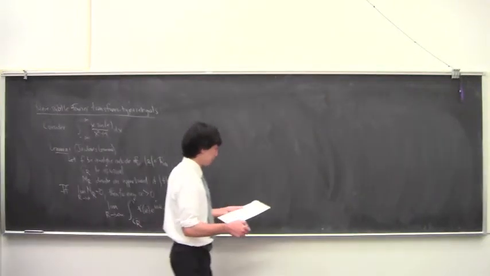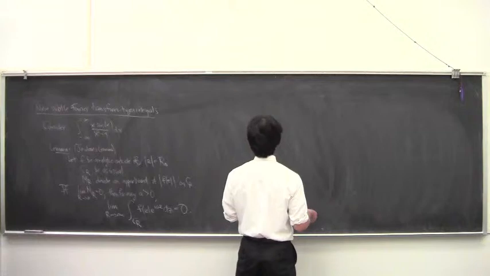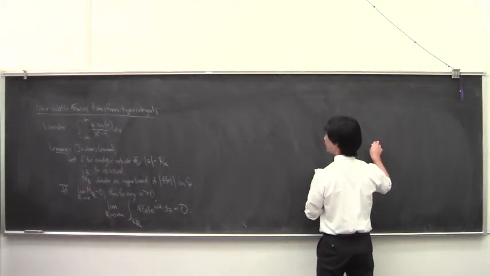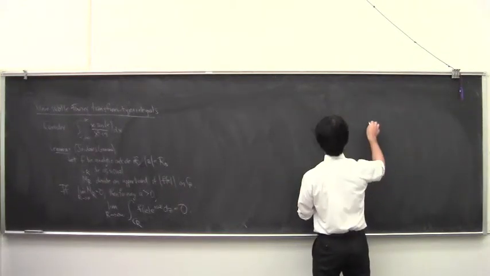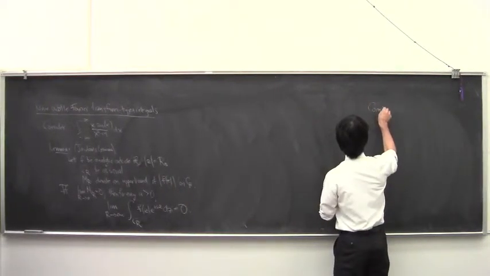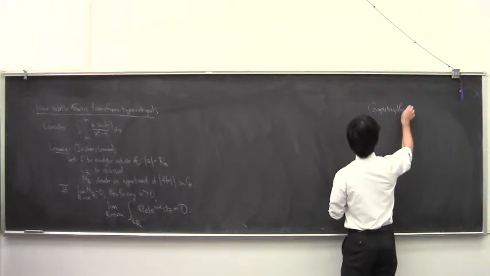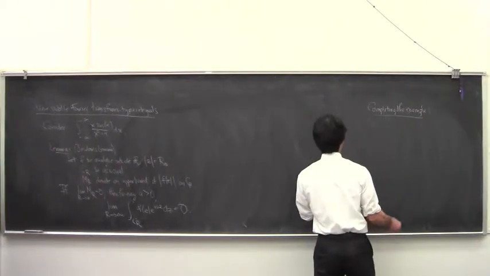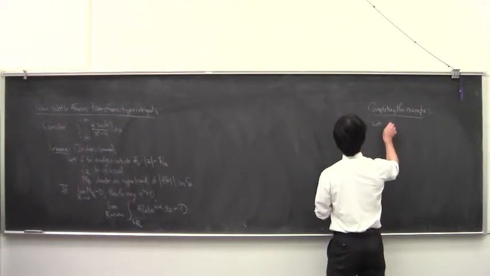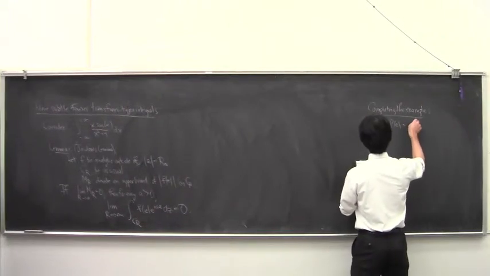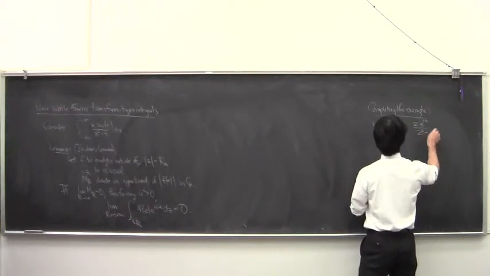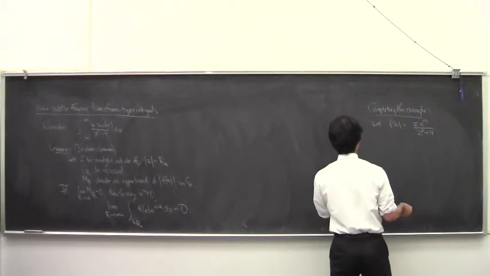Okay. So let me just complete the example first, and then I'll prove Jordan's theorem. Jordan's lemma. So completing the example. Okay, so just as before, let f of z be z e to the iz over z squared plus 4, right?